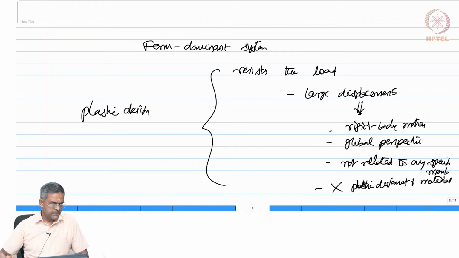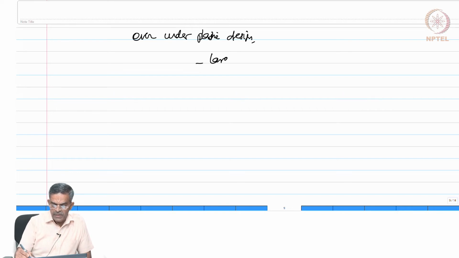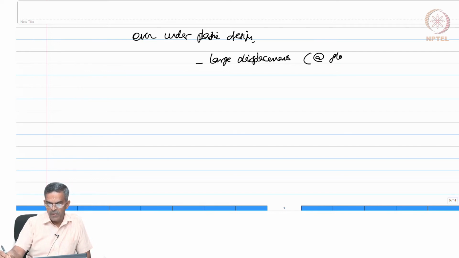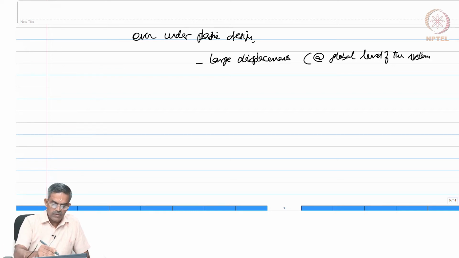Having said this, one should then ensure, even under plastic design, even under large displacements at the global level of the system, not at the member level. Okay? Let us make it very clear.